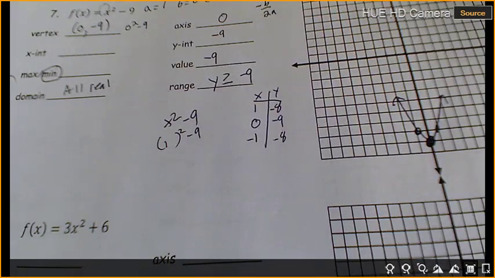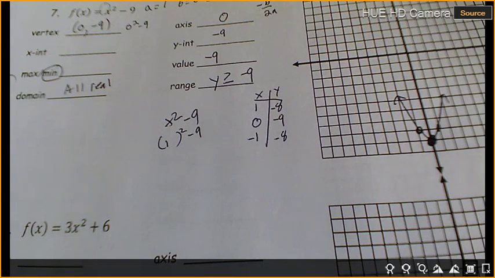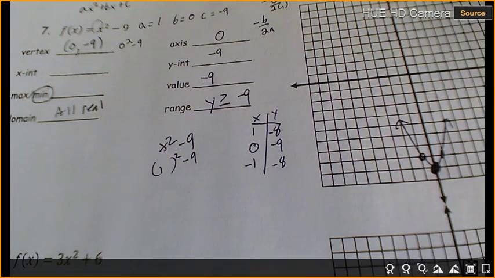Now I need to find my x-intercepts. It's where y is 0. So I've got to figure out what x is when y is 0. Do you know a better way of showing this besides factoring? Because we're not supposed to factor yet, Ms. Huff. I mean, we can plug in numbers.